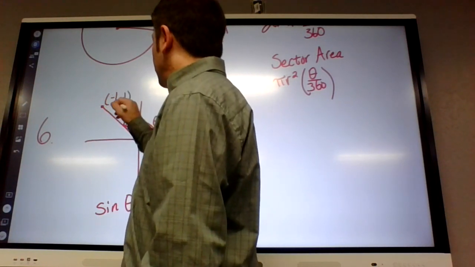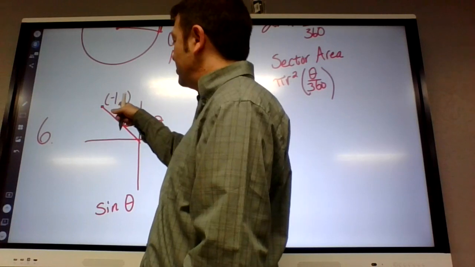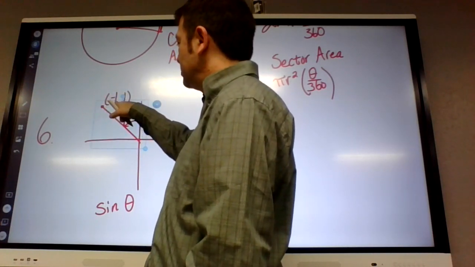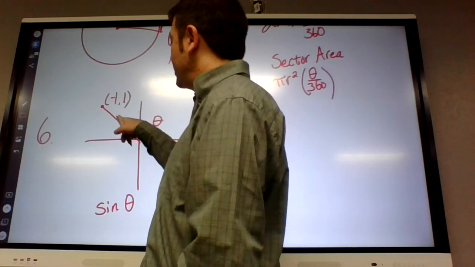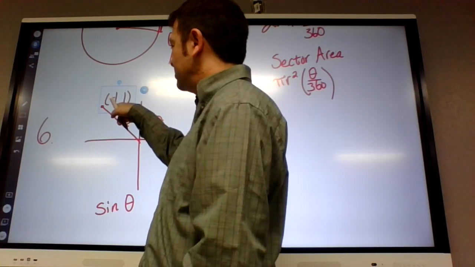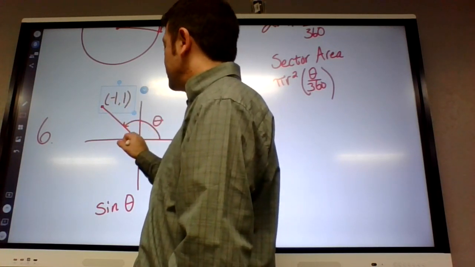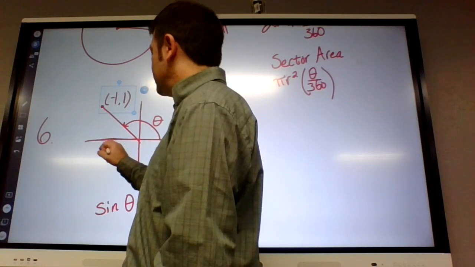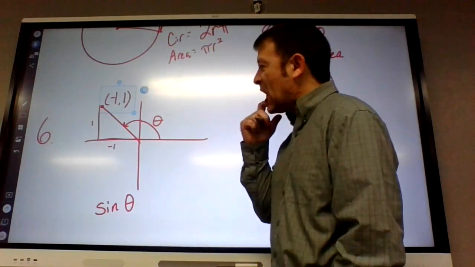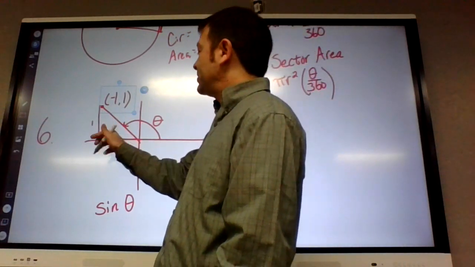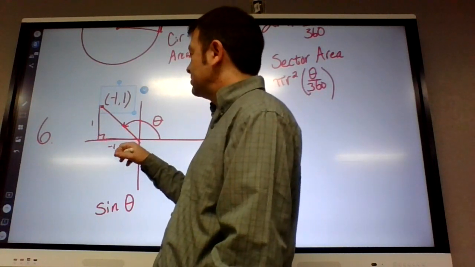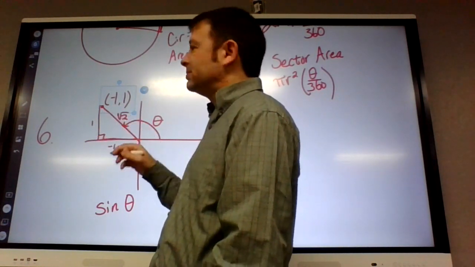All right. If this point's at -1, 1, what does that tell us? Well, kind of, but how do we get to this point? What's this mean? Back one, up one. Left 1, up 1, right? So right there is like a -1, and this is up 1. So we can use that to figure out how long this is. Square root of 2.